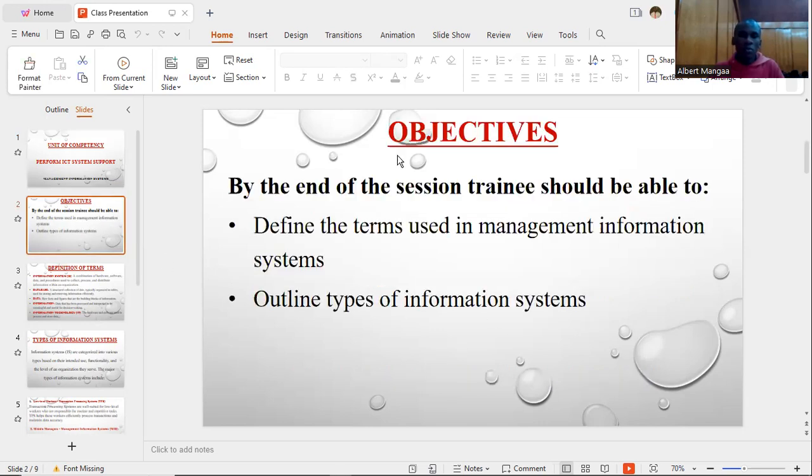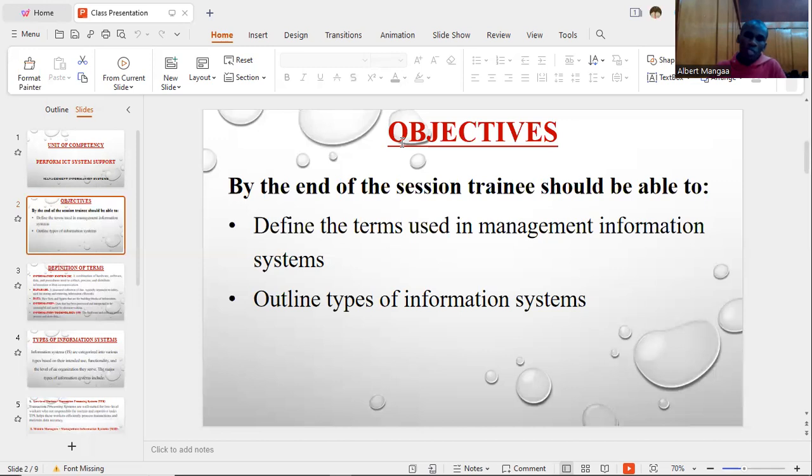So the objectives, or rather whatever we are supposed to cover for today. By the end of this session, you as a trainee should have achieved the two objectives, which I think you are able to see from your side: defining the terms used in Management Information Systems, and outlining the types of Management Information Systems.